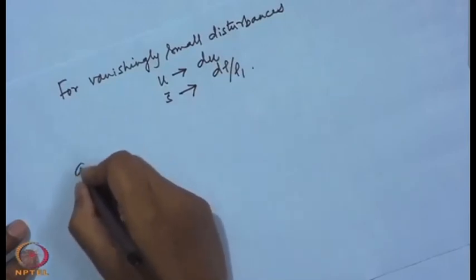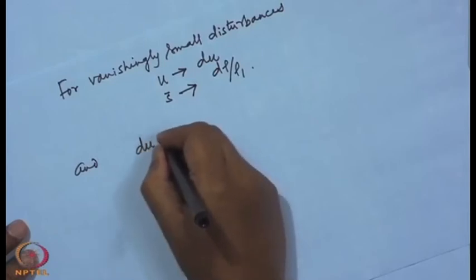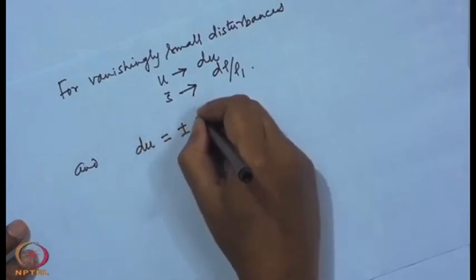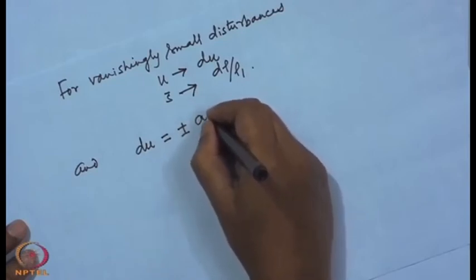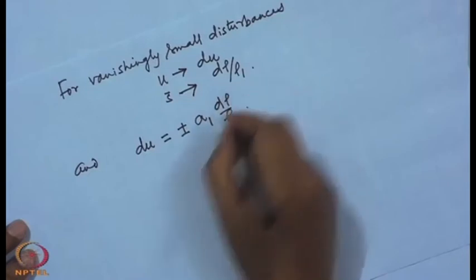And we have du equal to plus minus a1 s, which can be written as plus minus a1 d rho by rho 1.